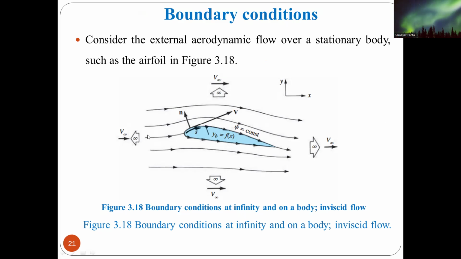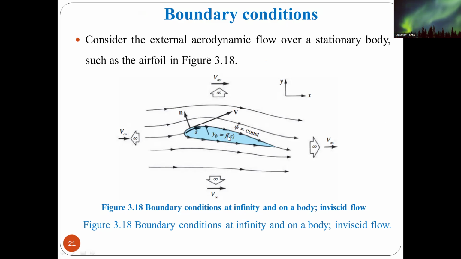So these are the two boundary conditions which we consider. The infinite boundaries are the ones shown with infinity, and the surface boundaries are like this. For example, psi is equal to a constant over the surface.